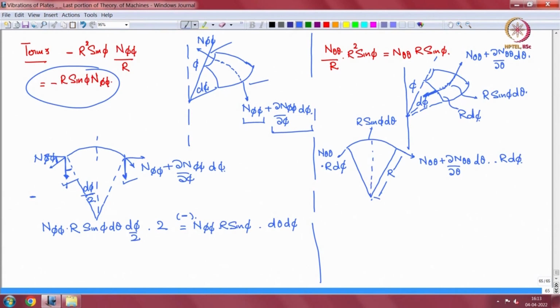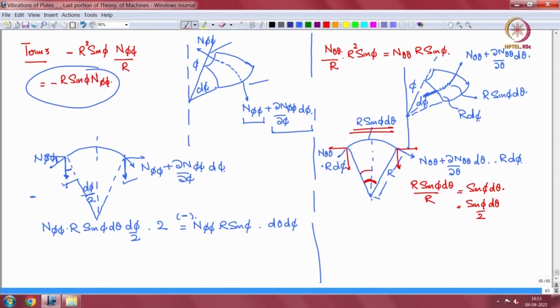Now we are looking for the vertical components. So if I break it up further, the horizontal has a vertical component. Okay. So I need this angle. If this is r sin phi d theta, then this angle is r sin phi d theta by the radius, which is sin phi d theta, and half angle is sin phi d theta by 2.